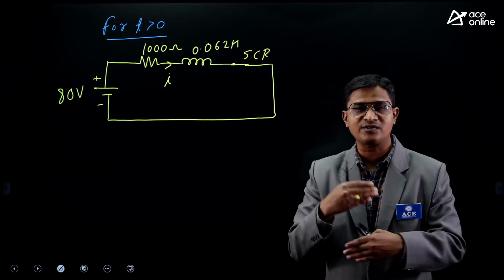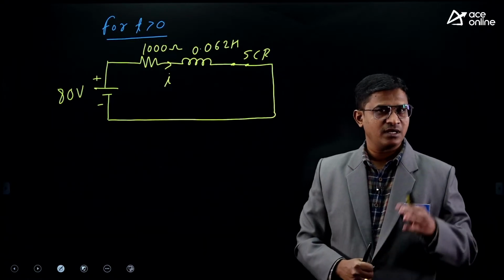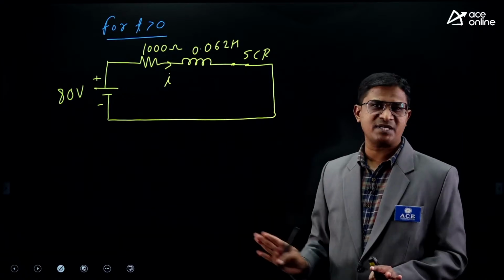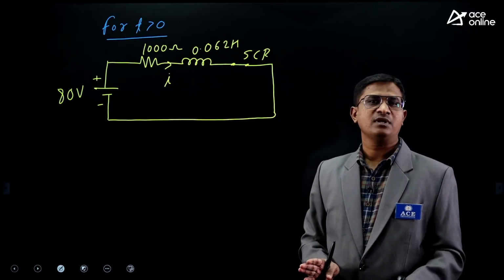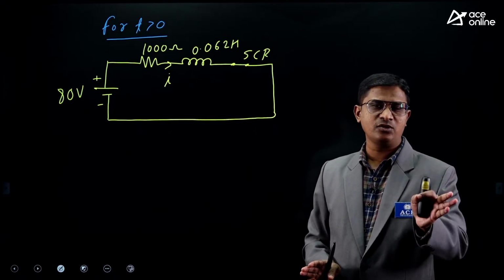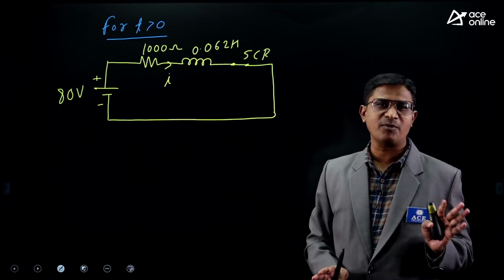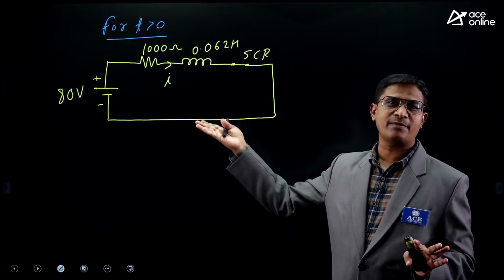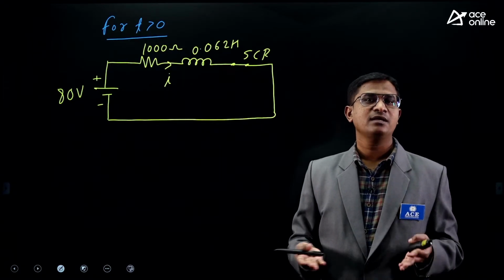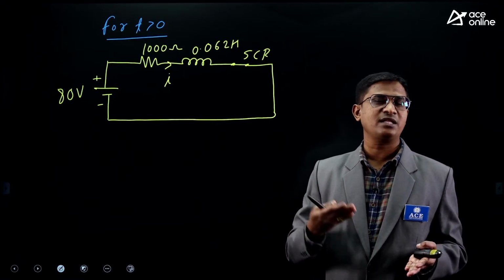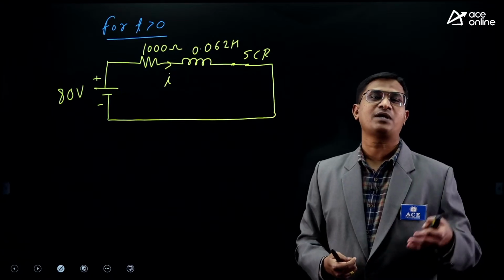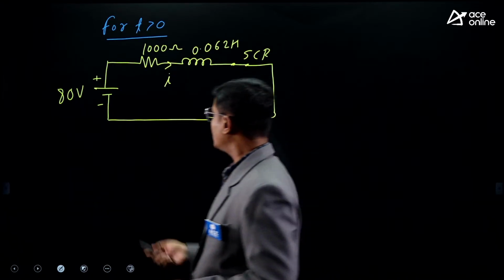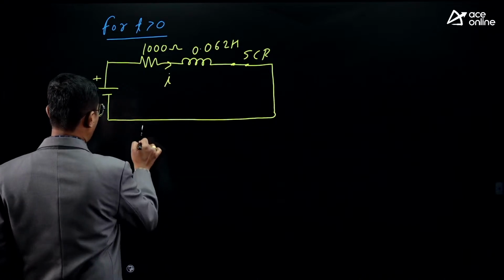In those cases we have standard expressions. Here I am going to derive this expression, but at the end I will tell you how to memorize it, because it is simple. If you memorize that expression, it will save your time in the final examination. So let us simplify this. Apply KVL to the loop.